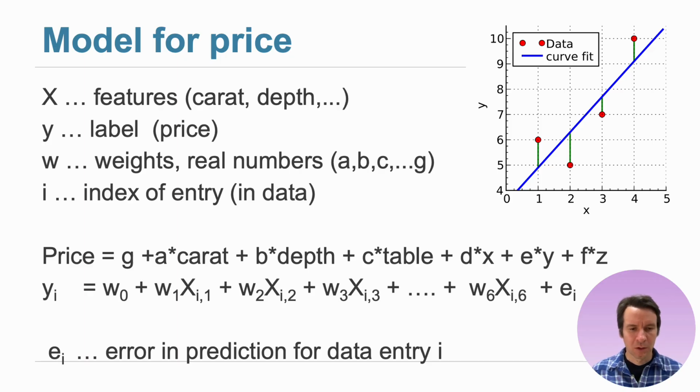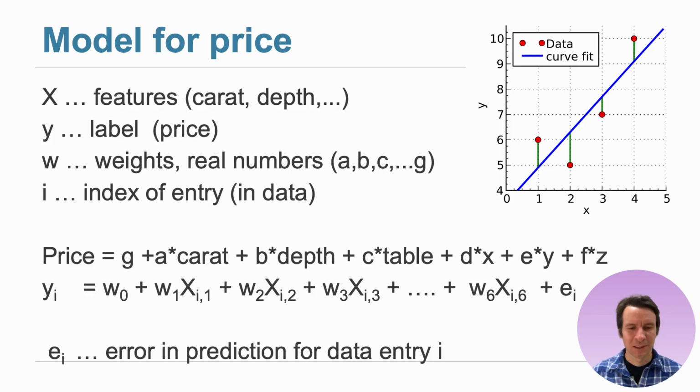So on the right, if you choose what the weights are, the given weights will give you a guess of a price, and the e_i will be how much it is off compared to the actual price, y_i. So y_i is the actual price, and on the right you have the price that you guess, and e_i is the error.